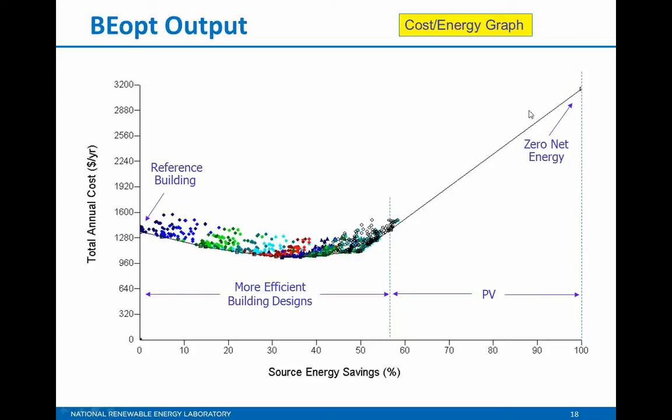You might not get to zero energy, and you can allow BEopt to even do some relatively expensive efficiency after you've reached the maximum PV size. And so there's no built-in presumption that you do certain efficiency things versus doing PV. That's all a result of the optimization, trying to find the most cost-optimal design at any given level of energy savings.